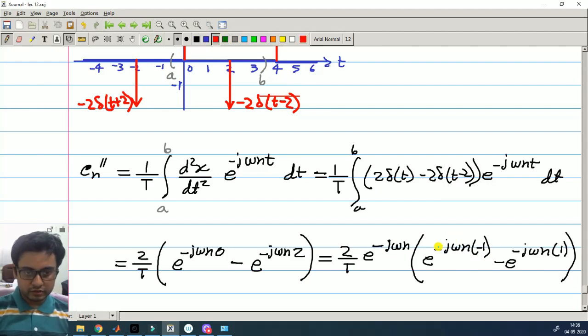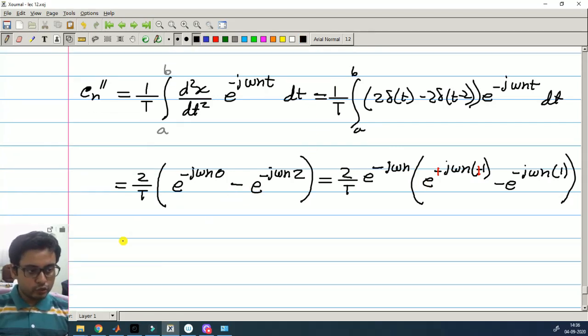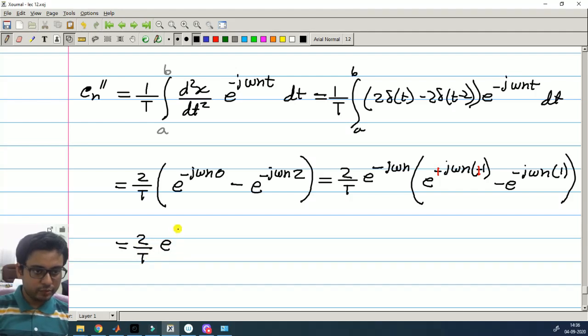Now this 2 minus goes away, so we have 2 over T, e to the power minus j omega n, and this term inside the bracket is nothing but sine omega n multiplied with 2j.